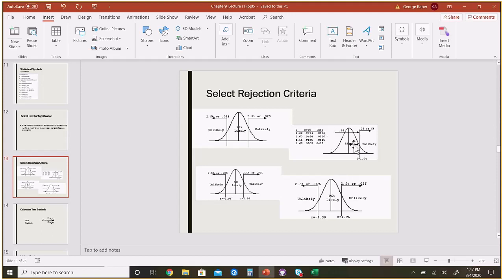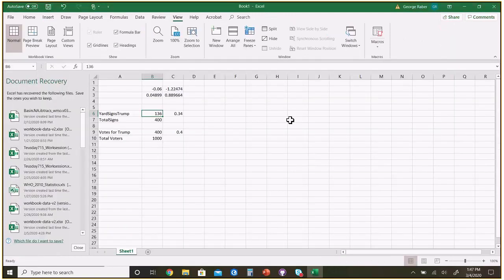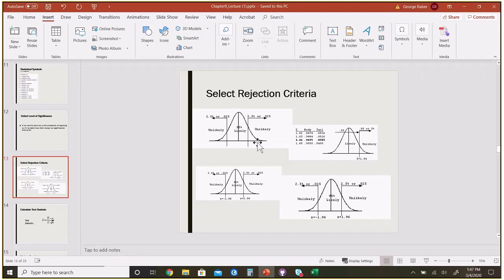If we're doing a one-tailed test, we know that it's not going to be down here, and so we don't have to divide our confidence level in half. We can put it all on one tail. So actually, what I was testing is a one-tailed test, because I didn't divide our confidence interval in half. I didn't divide that value at the end, not the p-value, the rejection criteria.